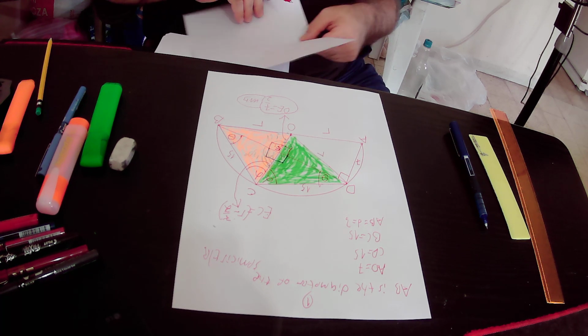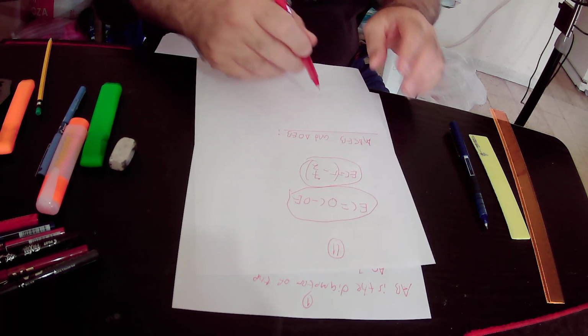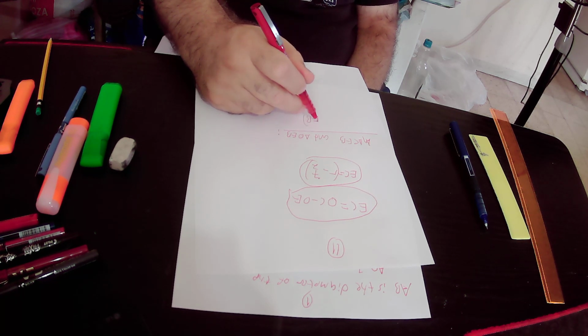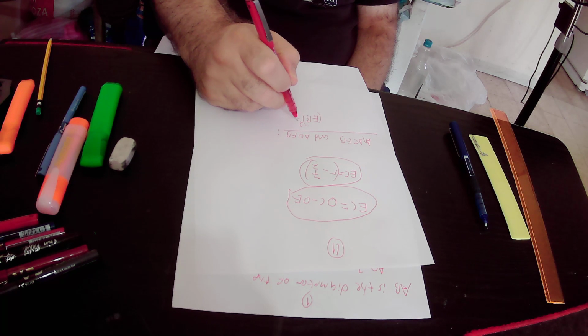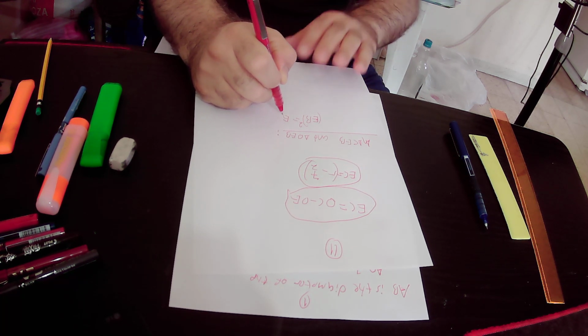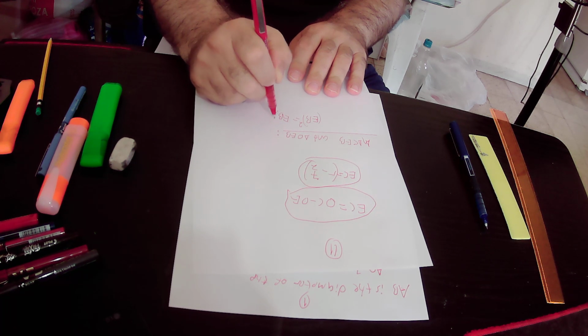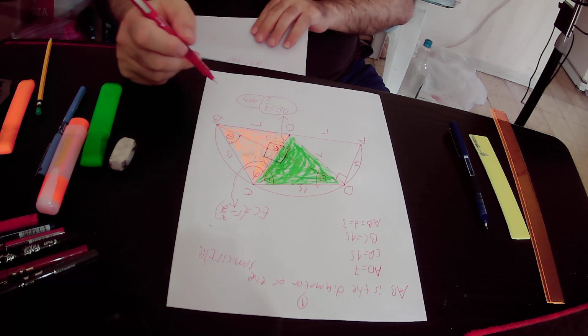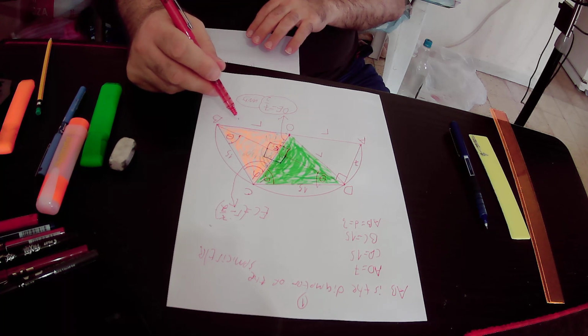So we'll make the equality that states that EB squared equals EB squared. Okay, EB squared equals EB squared.